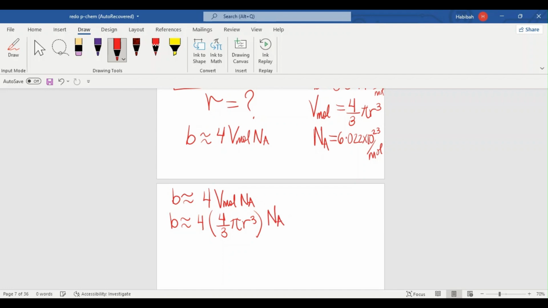I want to quickly mention before we move further that this pi is just the value for pi that we know, which is 3.1416 or 3.142. I'm going to be using the raw value, 3.1416. So we're just going to rewrite this equation: B equals 16/3 pi r cube Na.